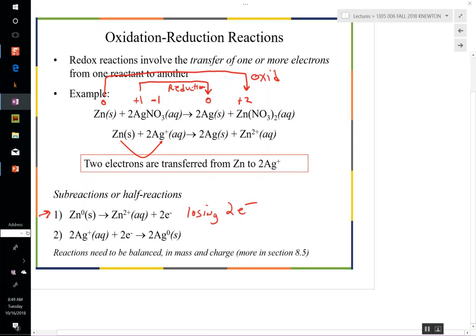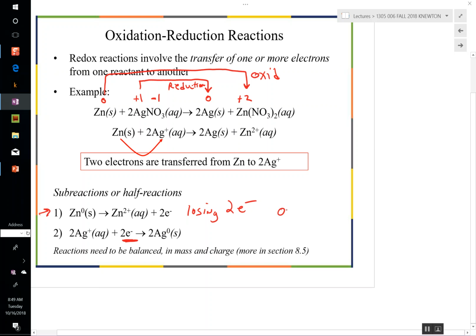So the zinc is losing electrons. And where are the electrons going? It's giving those electrons to the silver ion, and the silver ion is becoming silver metal. So the loss of electrons is oxidation. The gaining of electrons is reduction. All right, so that's oxidation and reduction.